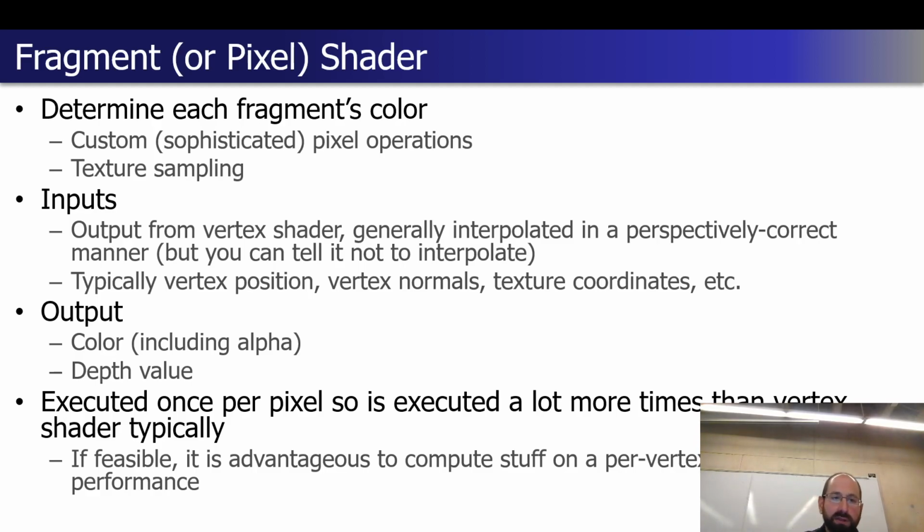The inputs are going to be whatever the rasterizer provides for us, and its output is going to be just the color, as well as, as we talked about, that depth value, that z value, to determine should we actually be passing this fragment to the frame buffer or not. The fragment shader doesn't do that operation for us.